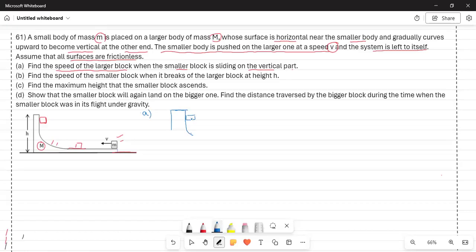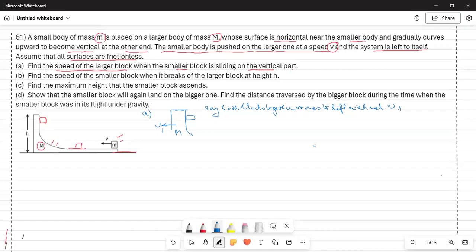This is M, and say both blocks together move to the left with a velocity v1.